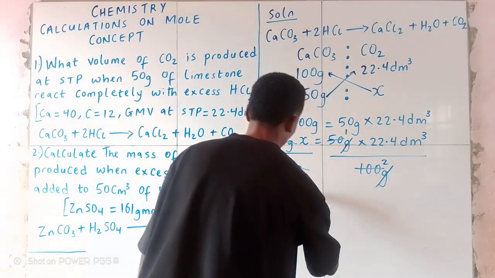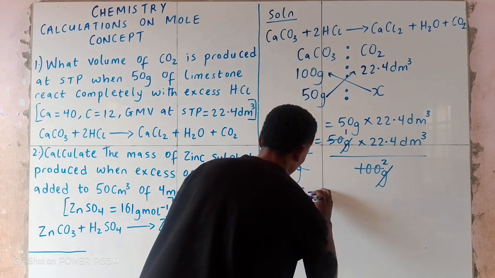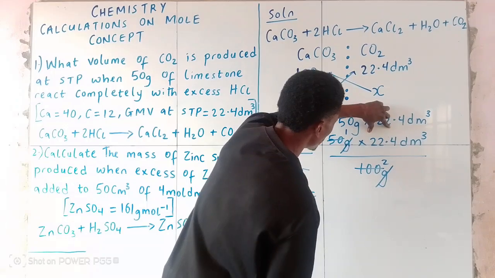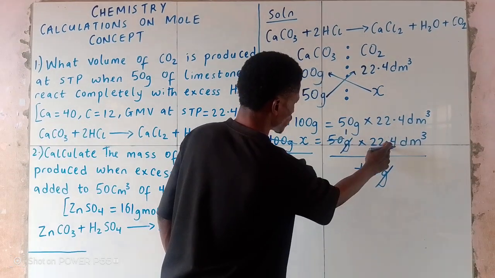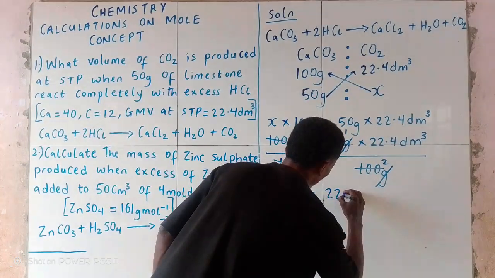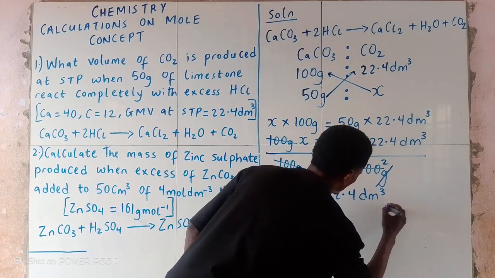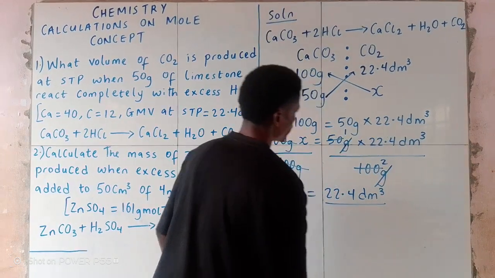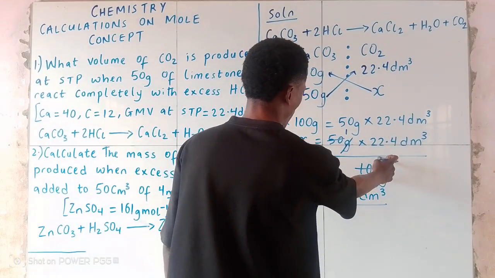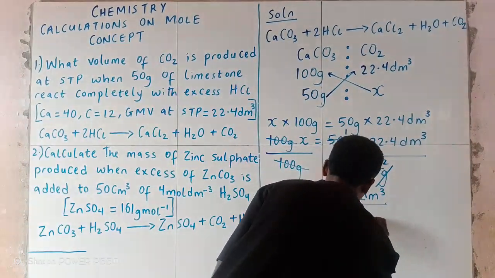So I'm going to have x equal to, up here, I'm having 1 times this, so I'll get 22.4 dm³ over, down here I'm having 2.